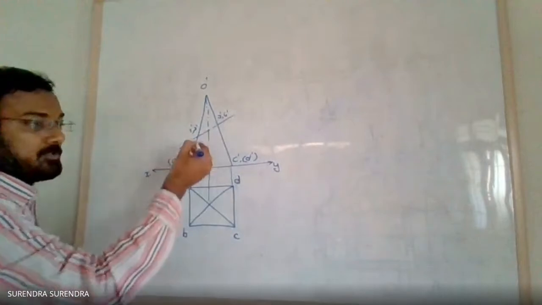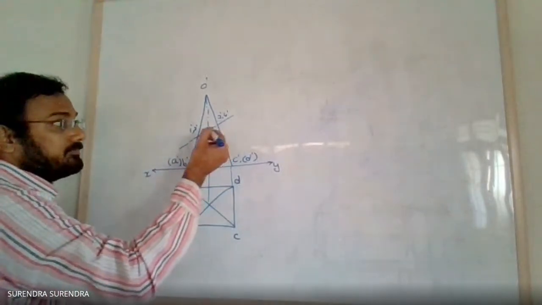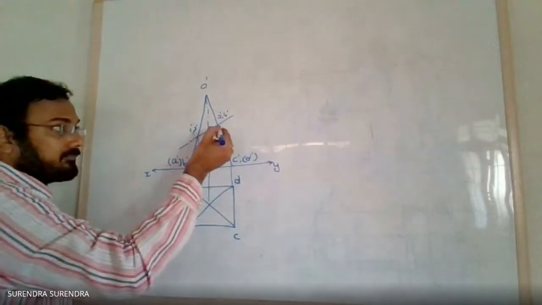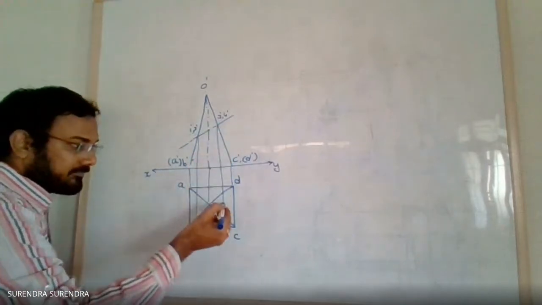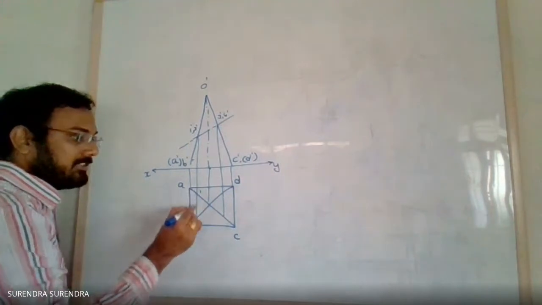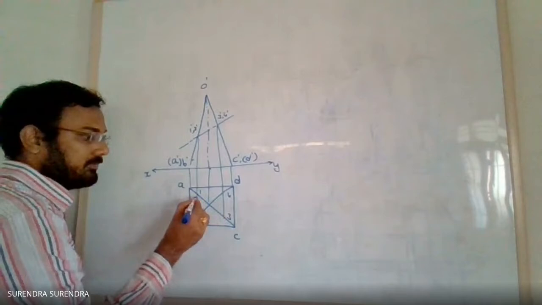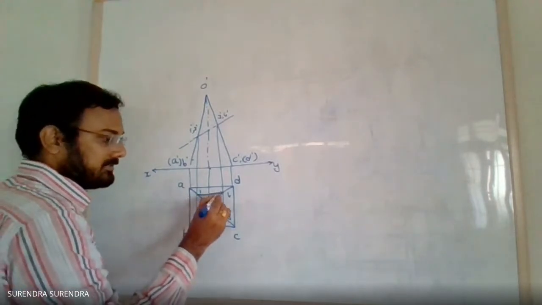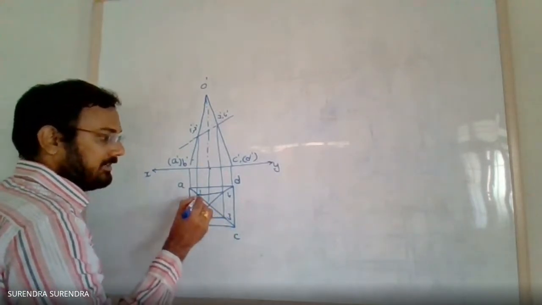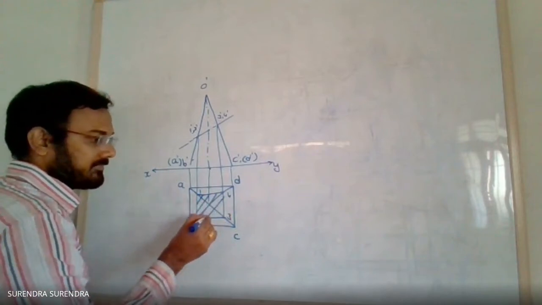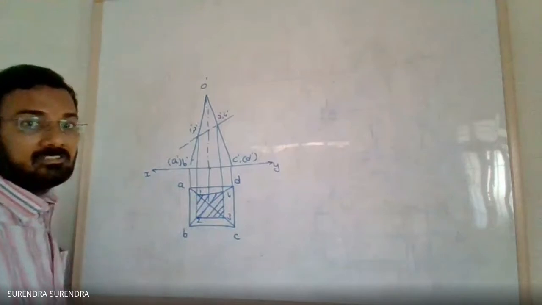Project these points up to the top view: 1, 2, 3, 4. Join them with straight lines and fill it with hatching.